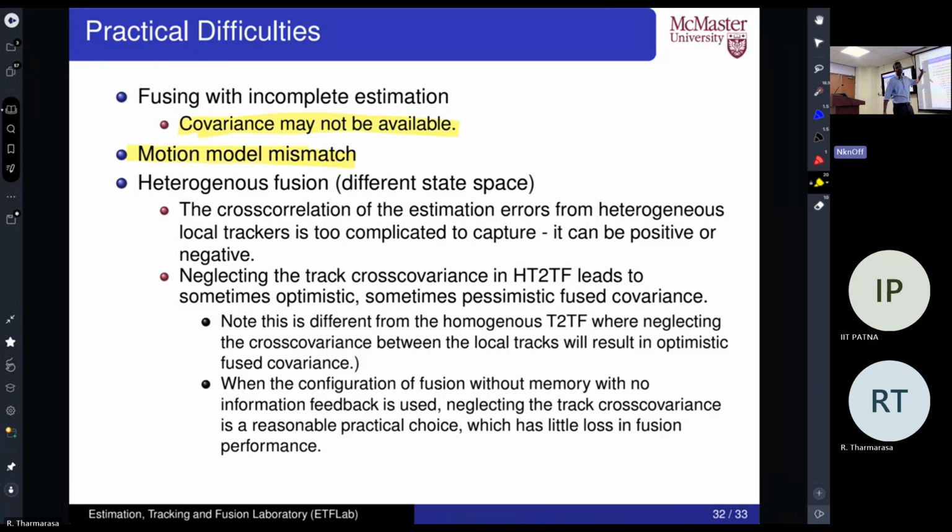You may assume something in the central node, and the local one may use a different motion model. And the worst case could be that in the tracker they use IMM, and in the central one you use the Kalman filter. That creates even more problems. So you have to keep that in mind.